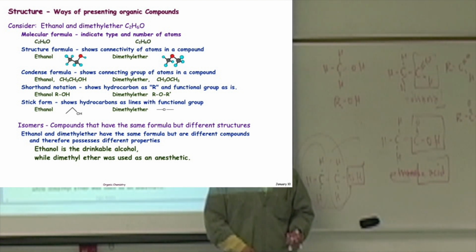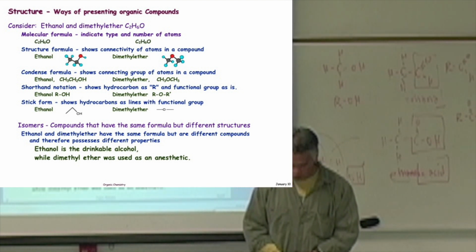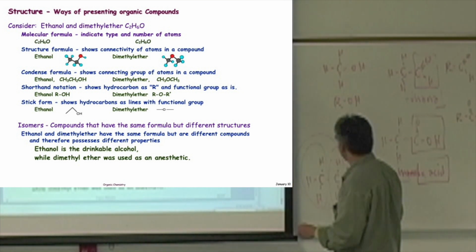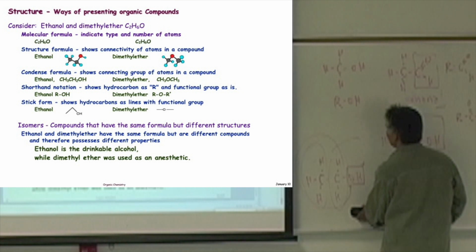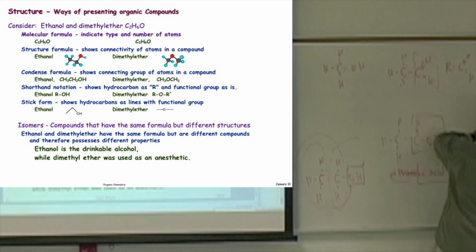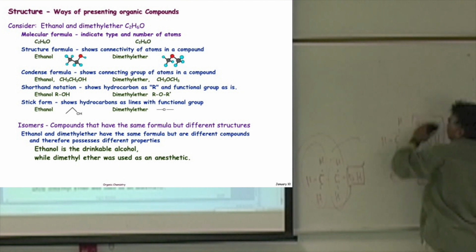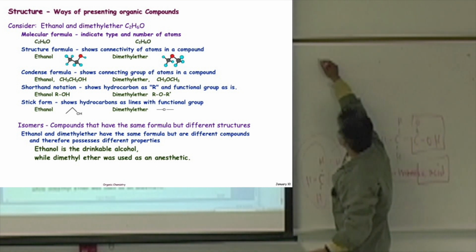The stick notation is probably the best notation that you guys should understand and learn today because you will see a bunch of questions on that. Let me erase this. Stick notation is based on writing structures based on lines.